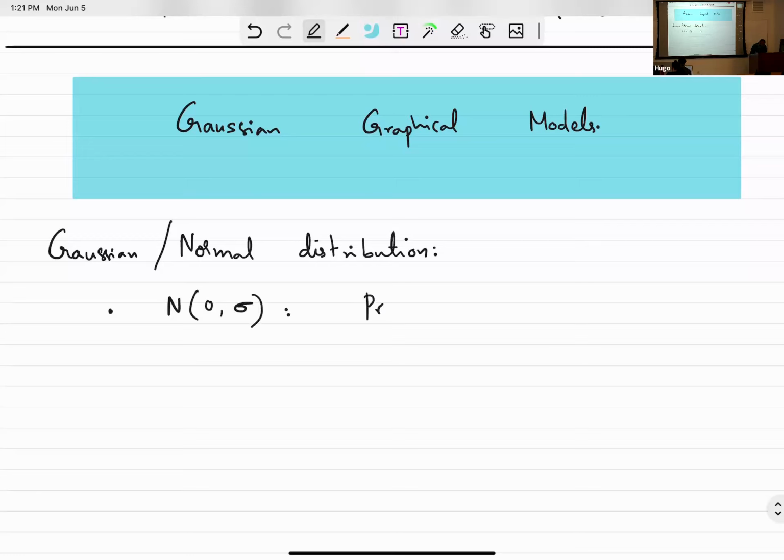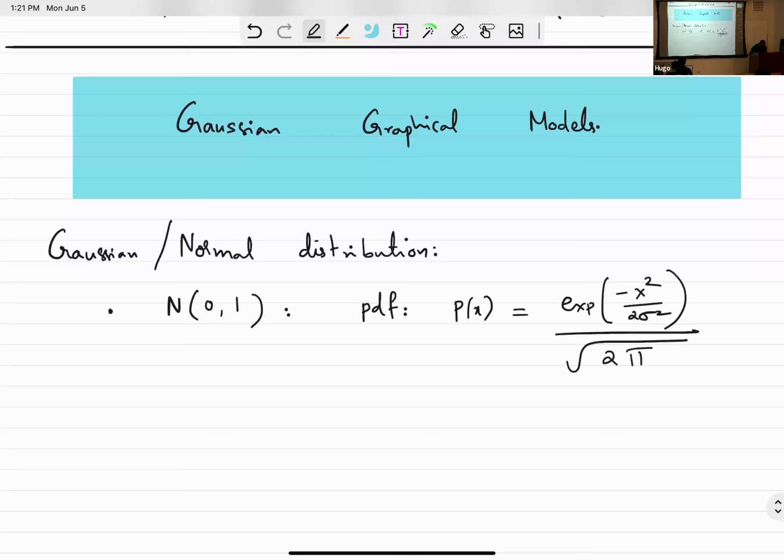And okay, let me first state it for the standard case, it's just given by the PDF. Okay, so this is the formula for the PDF.